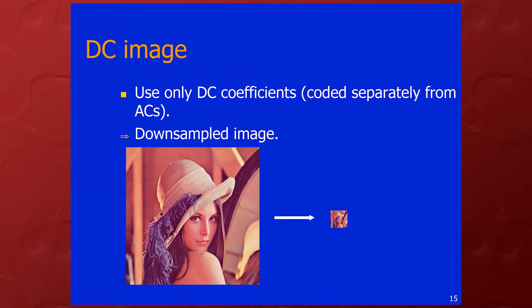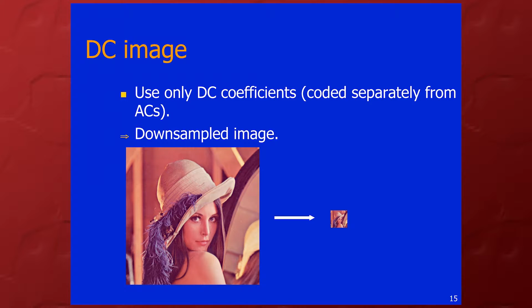One of the simplest things that we can do is this. I've mentioned that for each 8x8 block, we've got one DC term and the rest are AC terms, and the DC coefficient describes essentially the average of that 8x8 block.